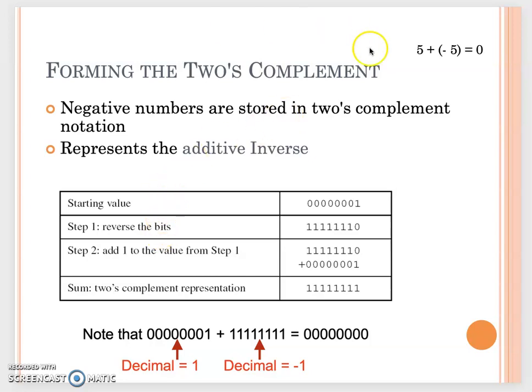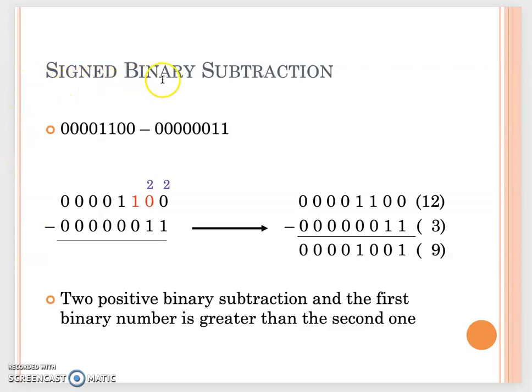Why do we need the two's complement? The first thing, we want to find the binary number to represent the negative number. The second thing is what I talked about earlier: signed binary subtraction. Sometimes you have a number like 12 minus 3, using the bigger number minus the smaller number, and our subtraction just needs to borrow, then we are good.